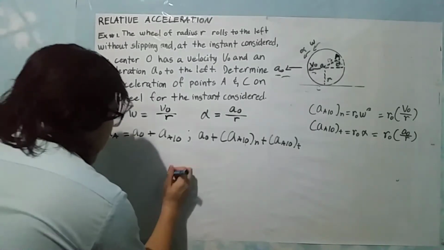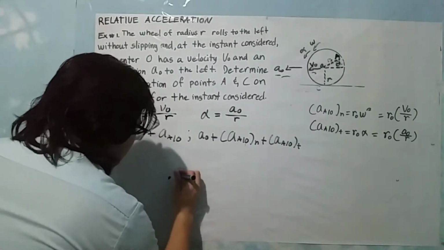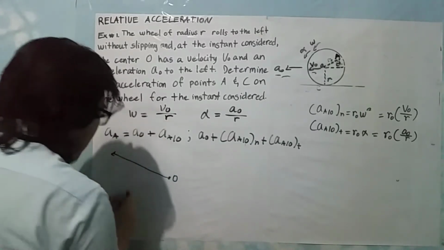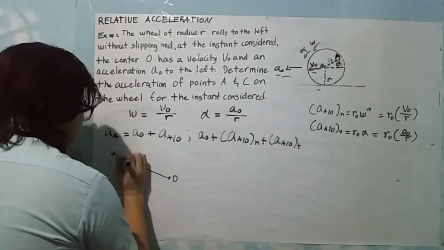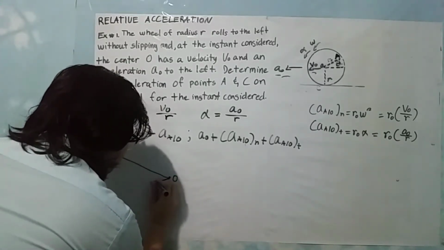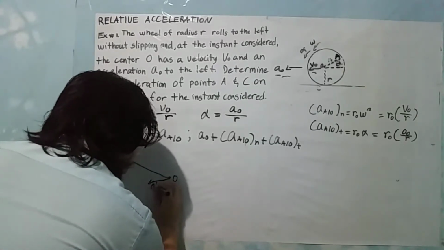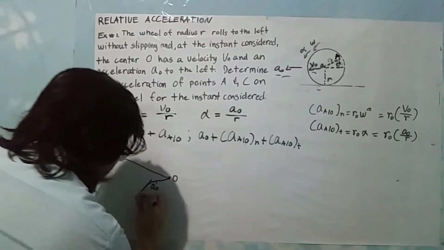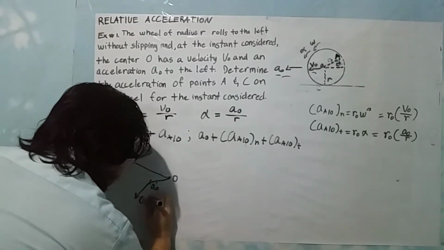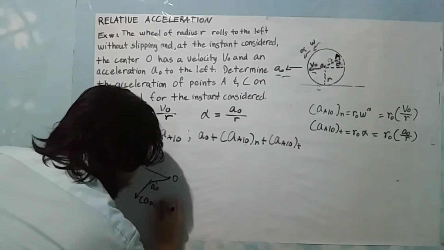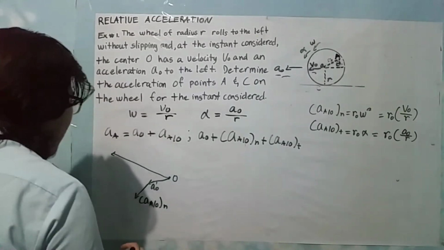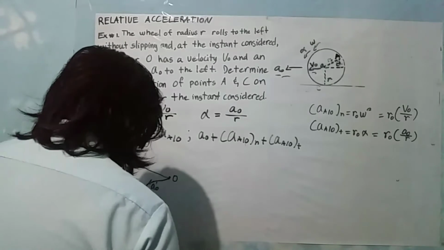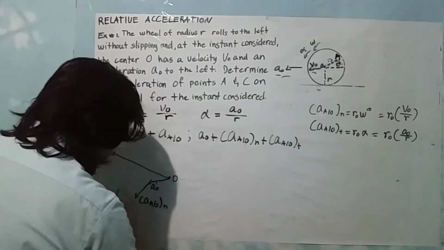So we're just going to illustrate first. Let's say this is point O, and then say this is acceleration a sub 0, then we have the normal acceleration of A and O normal, and then the tangential at a perpendicular direction from the normal, because the tangential is perpendicular to the normal.